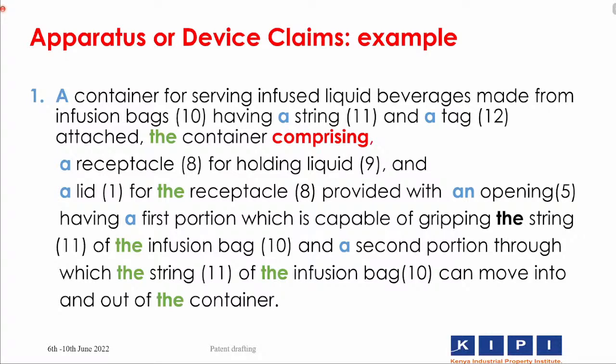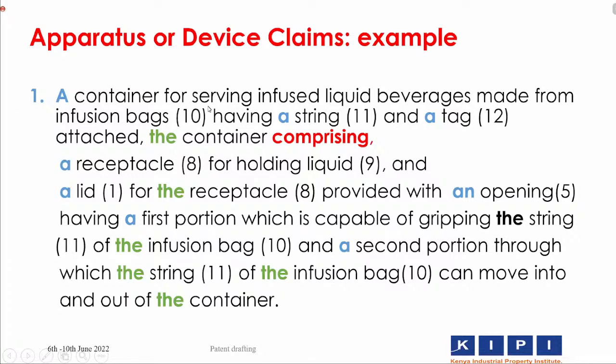Then when you mention it the second time, you use the definite article, the container, because you're making reference to, for example, in this case, that container, the one that you introduced. So that is the way you do the claims in general.